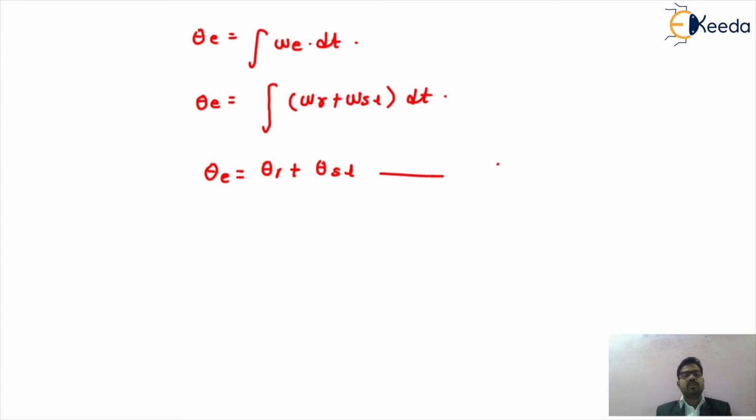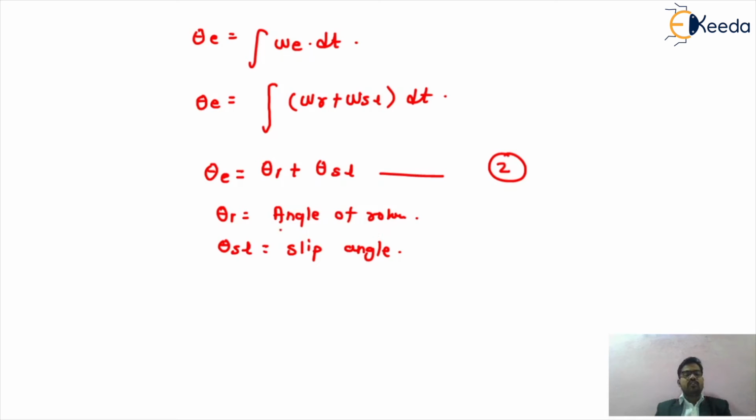This is equation number 2, where theta r is the angle of rotor, and theta sl, that we had already discussed, is the slip angle. So theta e, the angle of synchronously rotating frame, is equal to the angle of rotor plus the angle of slip. This will be treated as equation number 2.